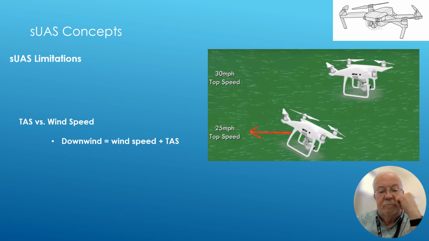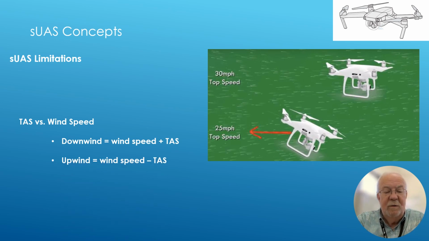As we're flying, if there's significant wind, you have to add the speed of the aircraft to the speed of the wind in order to tell you what the ground speed is. And that's an important issue.